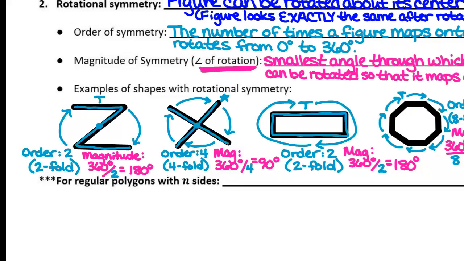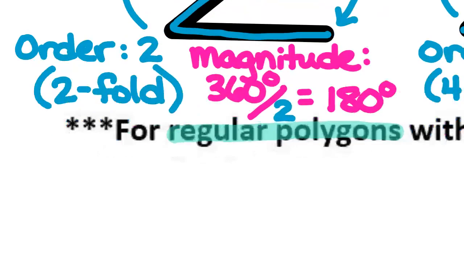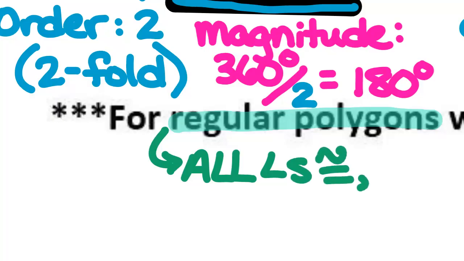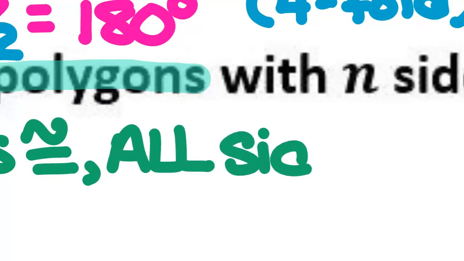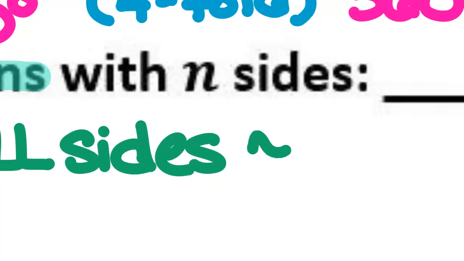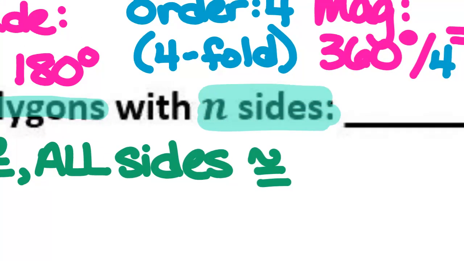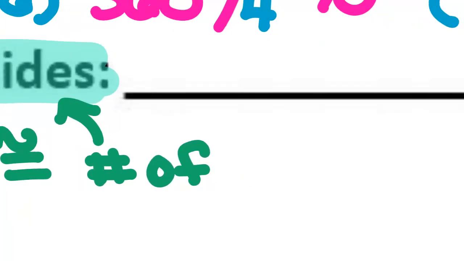When I have a regular polygon, that means all the angles are congruent and all the sides are congruent. With n sides, so however many sides it has, n would just be the number of sides.